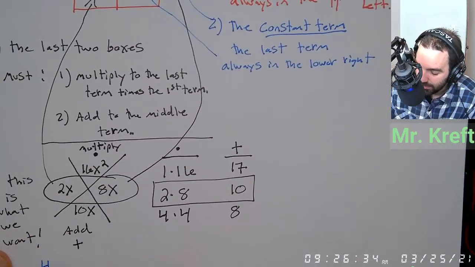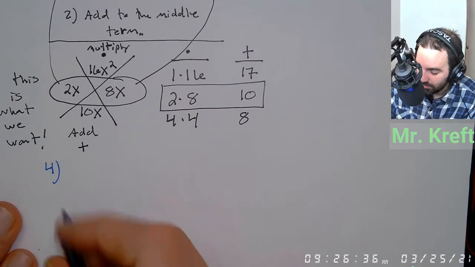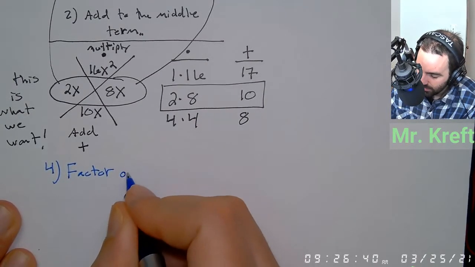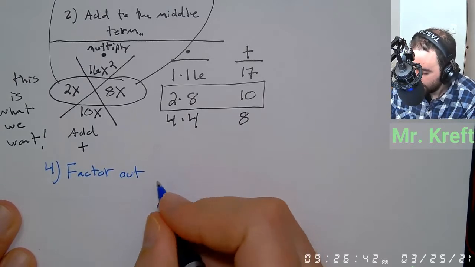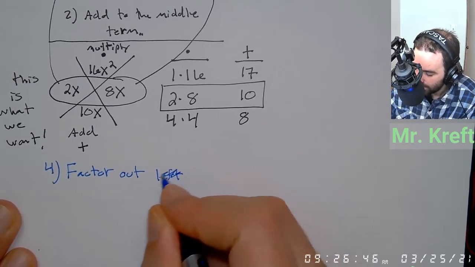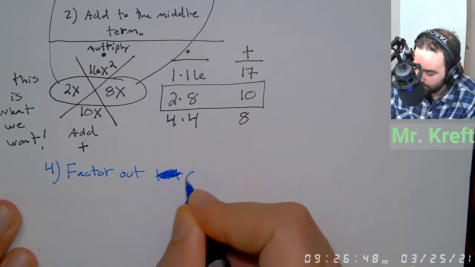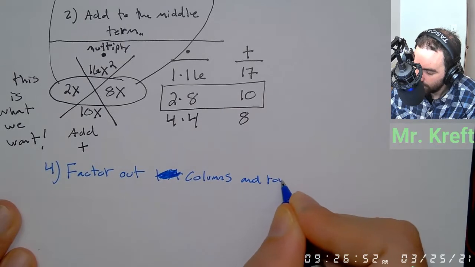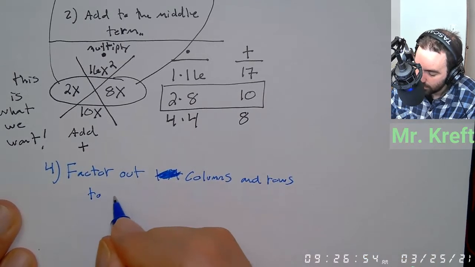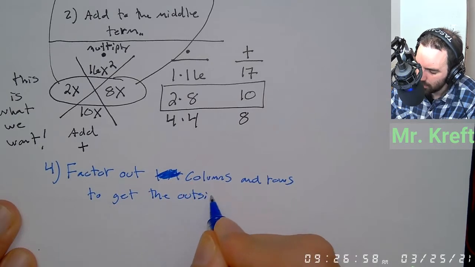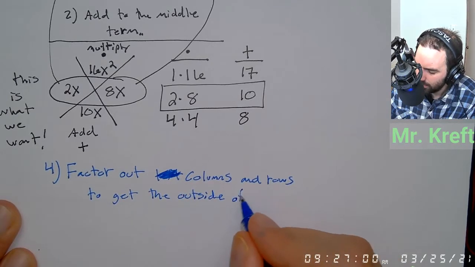My last step, sorry, I'm going to have to write down my last step. The last step is factor out left to right, I should say columns and rows, to get the outside of the box. Sorry, I'm writing way too fast.